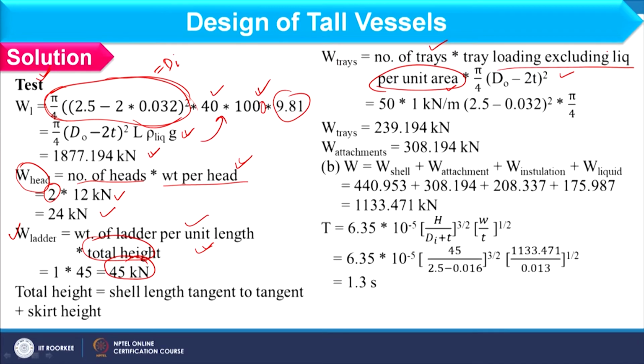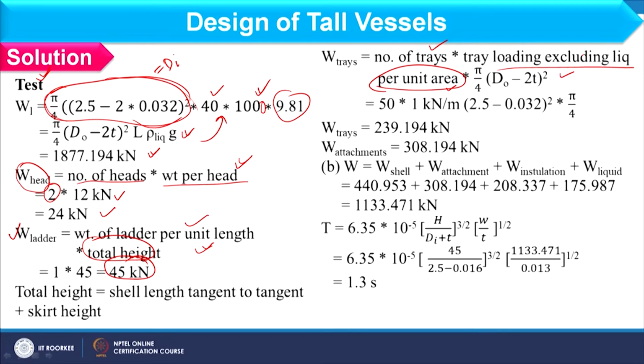Usually tray is available inside the column, however, in that case downcomer area is also included. However, in this case we are assuming that downcomer area is negligible, which is not possible, but we are assuming that. So, we assume that tray is available in the complete cross section area of the column. It will basically give slight overweight of the trays, but that we can consider, fine.